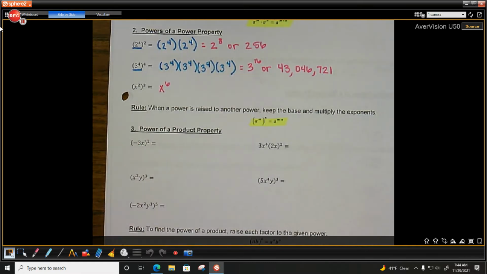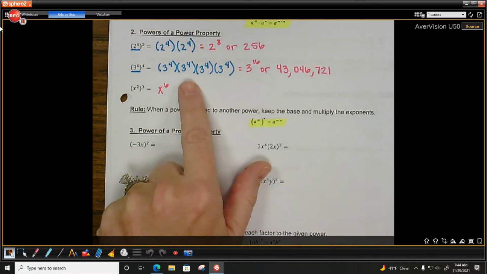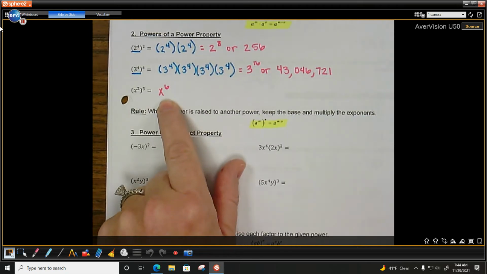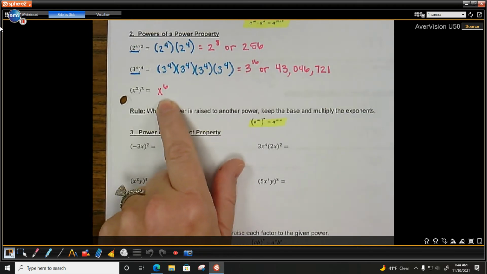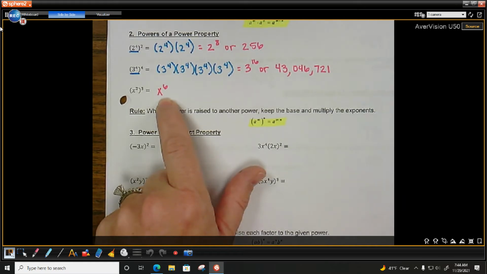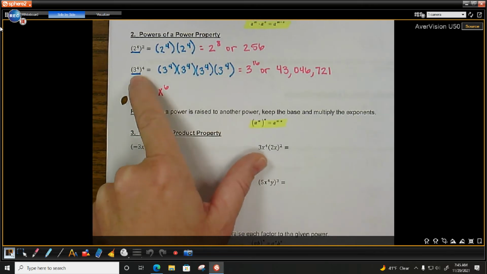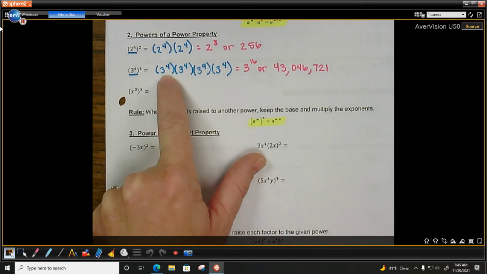Now guys, do I care if you use the expanding way or if you use the rule? Makes 0 difference to me. Some of y'all need to visually see us expand it. And if that's you, great. Some of us will probably make more mistakes when we expand it, because I would have to write out 4 3s, 4 3s, 4 3s, 4 3s.